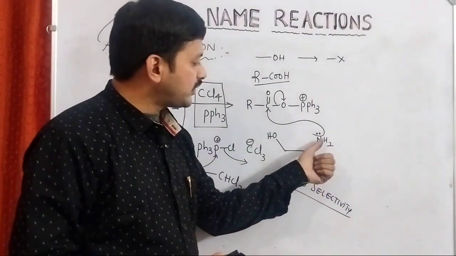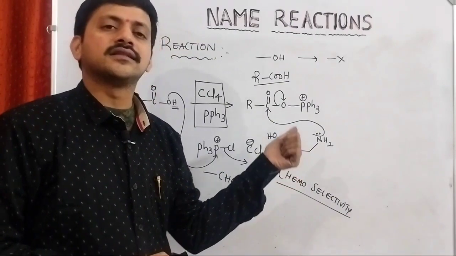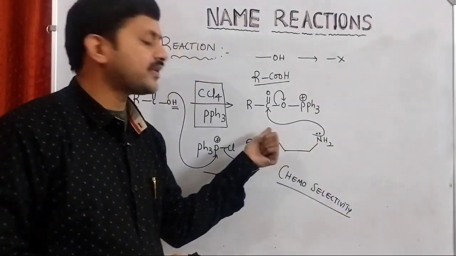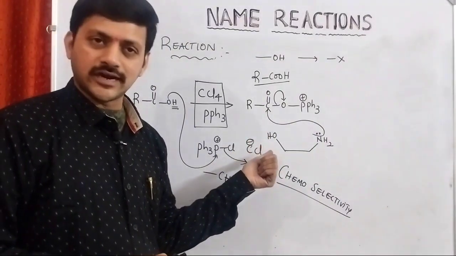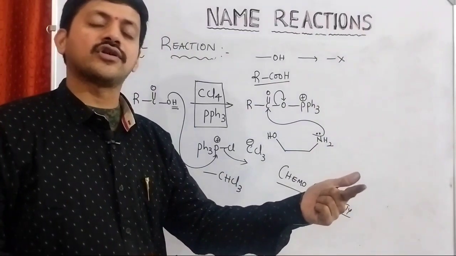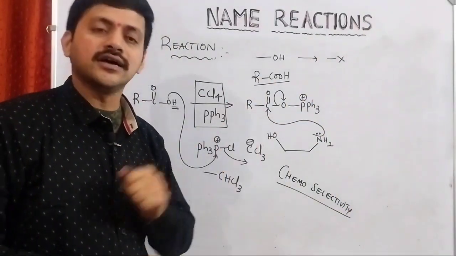The reason for the donation of the nitrogen lone pair is that the electronegativity of nitrogen is lower compared with oxygen. That's why nitrogen can easily donate its lone pair of electrons to the electron deficient center compared with oxygen.